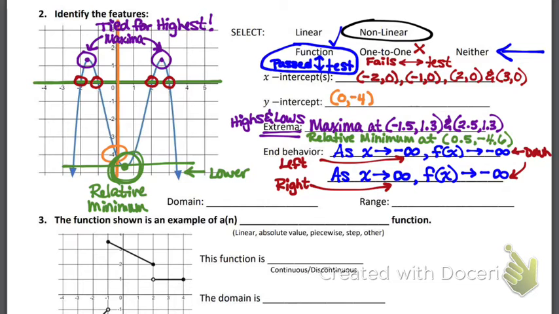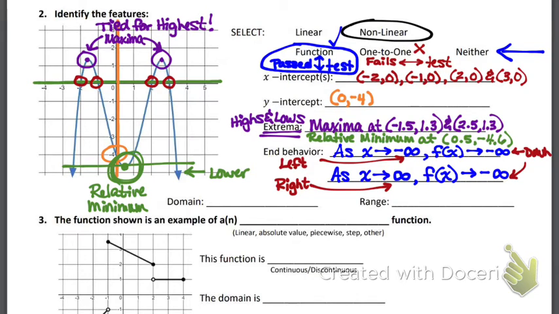Domain is telling me all the possible things that we could have as x values. So there's a couple things I notice about this graph. In between these arrows, I can trace this graph without ever lifting up my pencil, right?